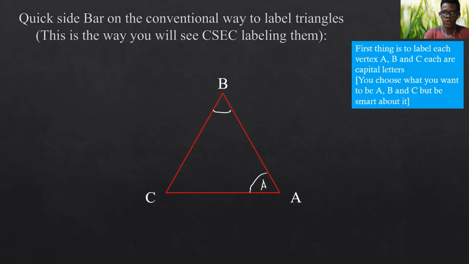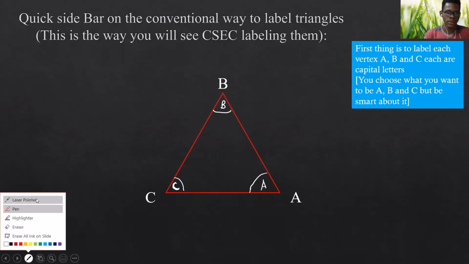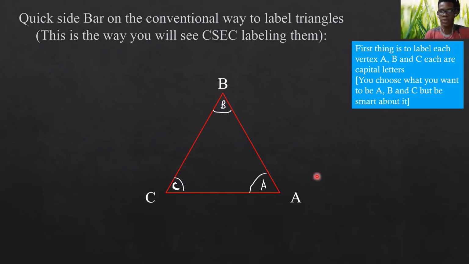So B refers to the angle between here, capital B. Let me say it correctly: capital B and capital A, emphasis on capital. So the vertices or the angles of triangles are usually labeled with capital letters. By convention, it's A, B, and C.